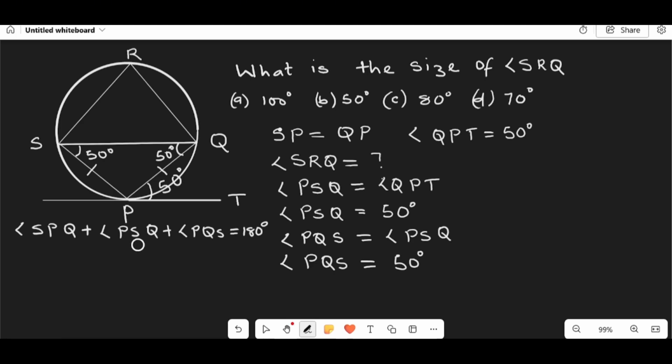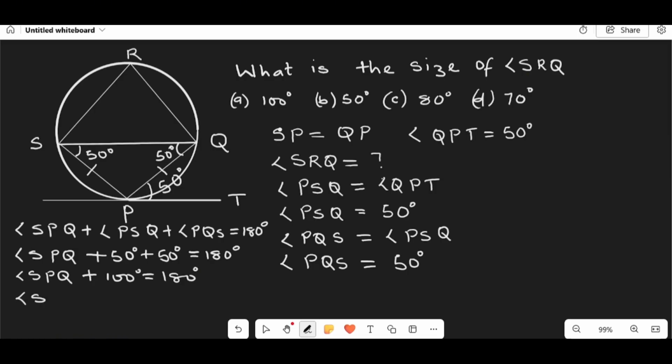Now our angles PXQ and PQS are 50 degrees each. So let us substitute them into this equation. Angle XPQ plus 50 degrees plus 50 degrees equals 180 degrees. So 50 degrees plus 50 degrees will give us 100 degrees. Angle XPQ plus 100 degrees equals 180 degrees.